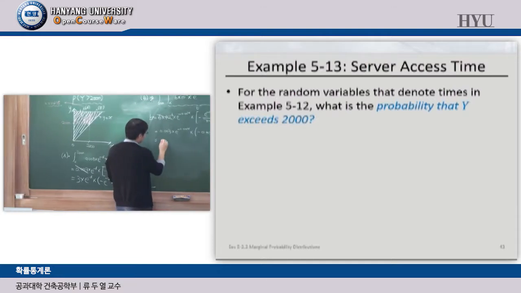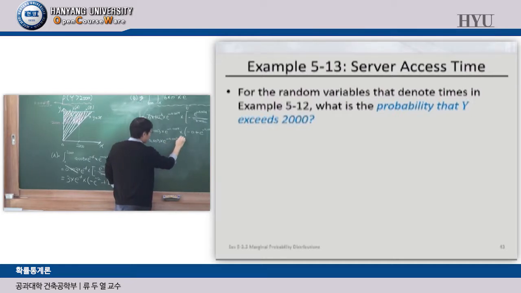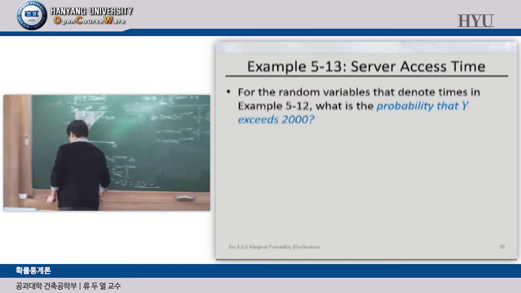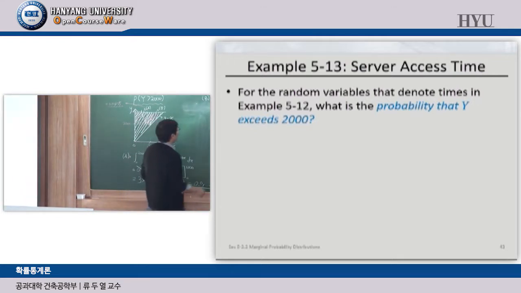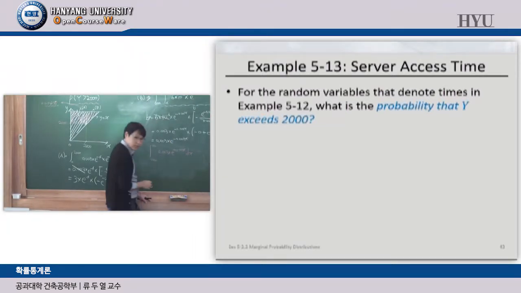So, this is 0.003 times exponential of minus 0.003x. So, this will be the integration from 2000 to infinity of 0.003 times exponential of minus 0.003x dx. Okay?